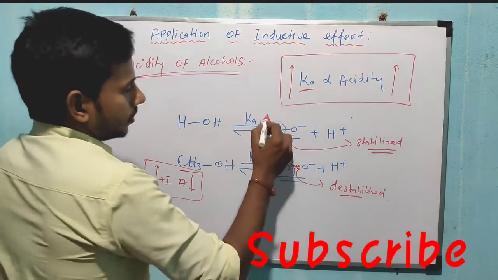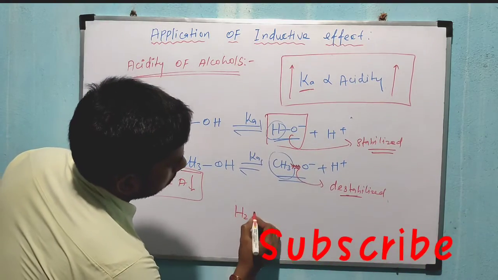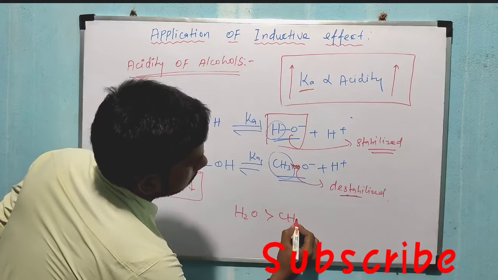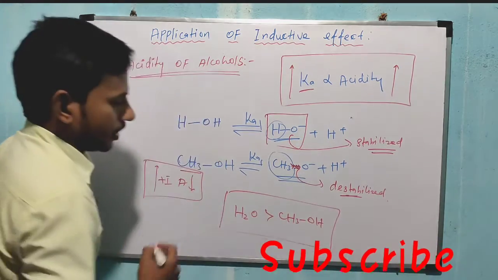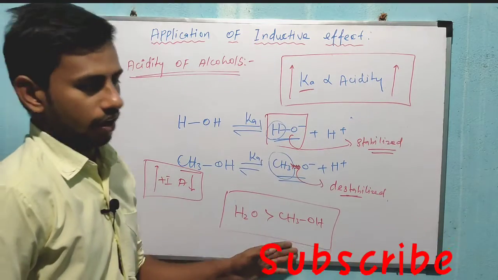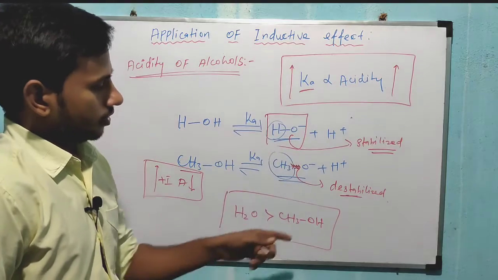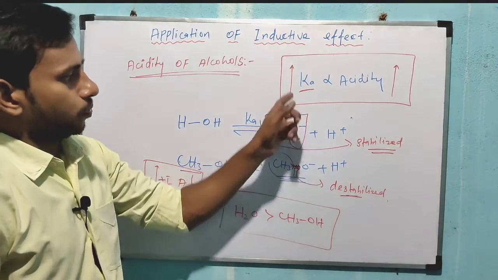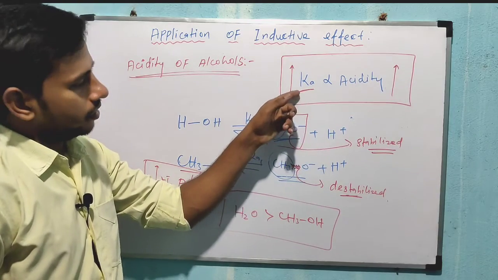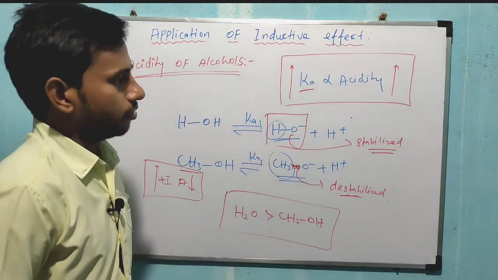So compared to methyl alcohol, CH3OH, water is more acidic, because the methoxide is destabilized and the hydroxide is stabilized. When the stability of the conjugate base increases, the acidity of the alcohol also increases.